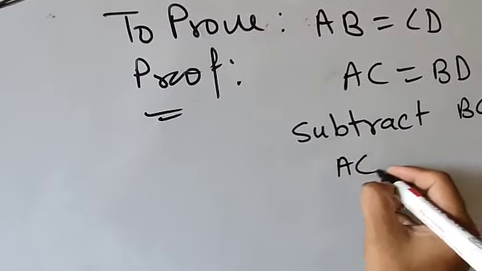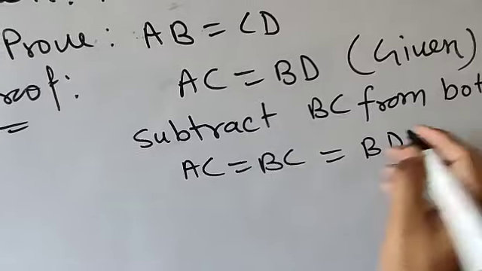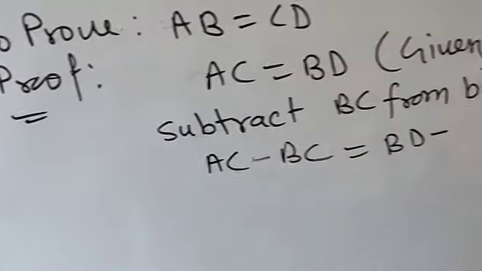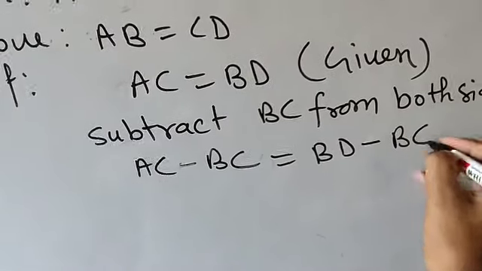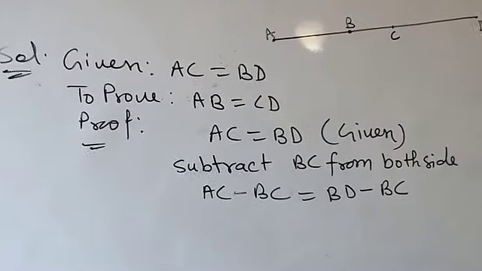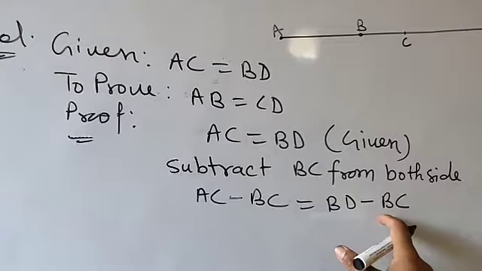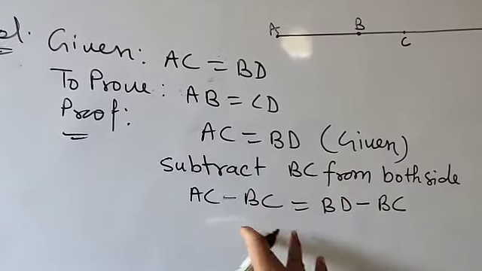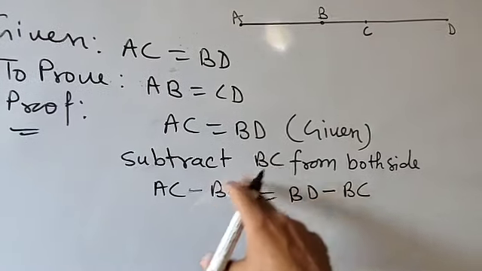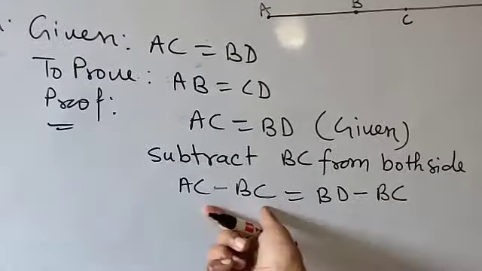Then in the left you will get AC minus BC, and in the right you will get BD minus BC. So students, according to the Euclid axiom, if two things are equal and if you subtract an equal amount from both the equal things, then again both will be equal. So these two are equal and I am subtracting BC equally from both, then again both will be equal. That's why these two are equal.